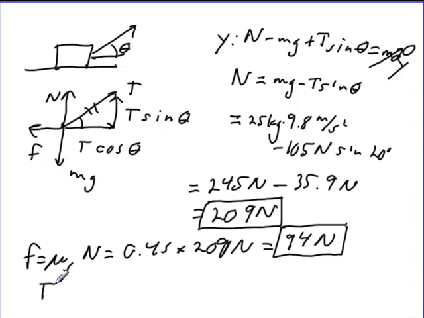So in this case, T cosine theta is equal to 105 newtons times the cosine of 20 degrees.